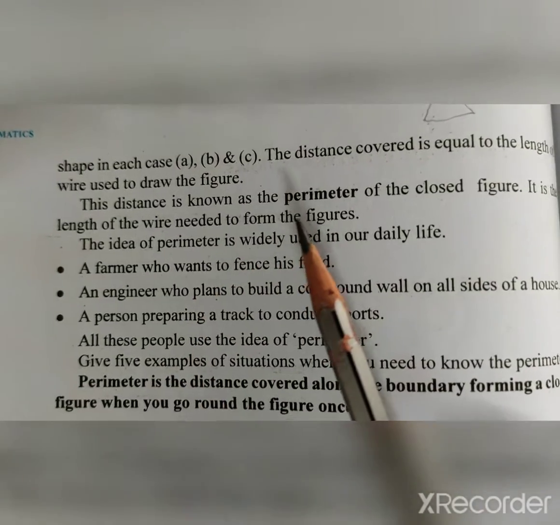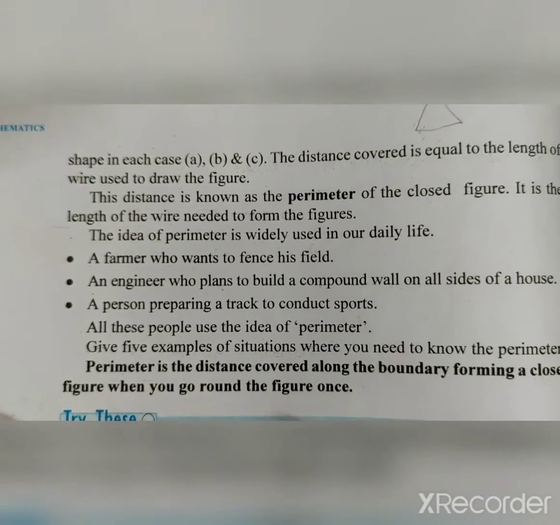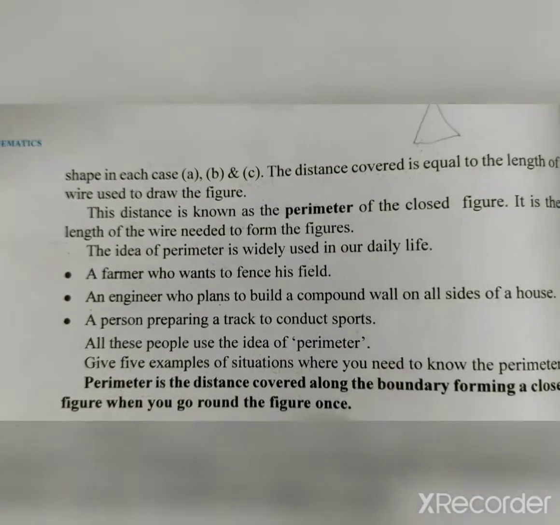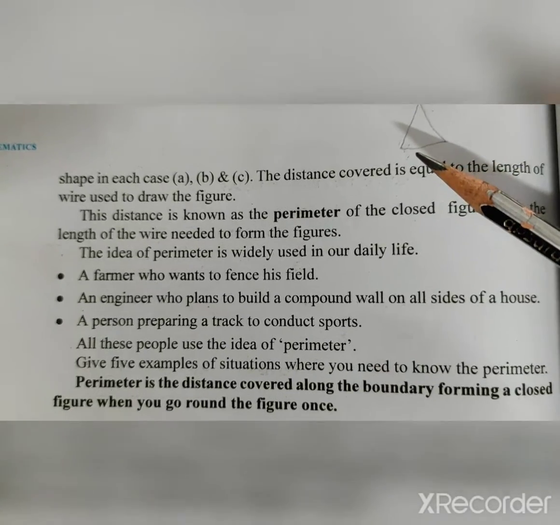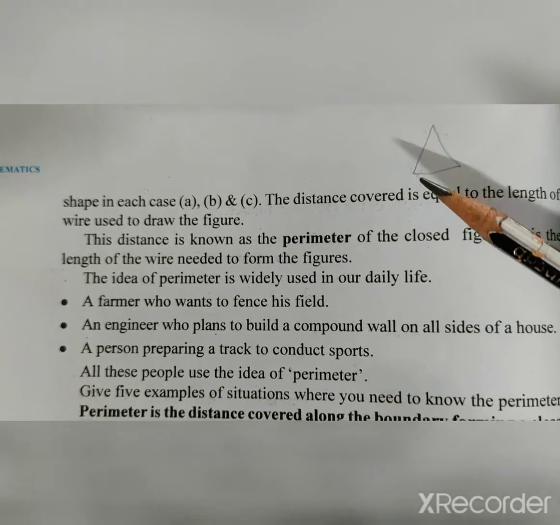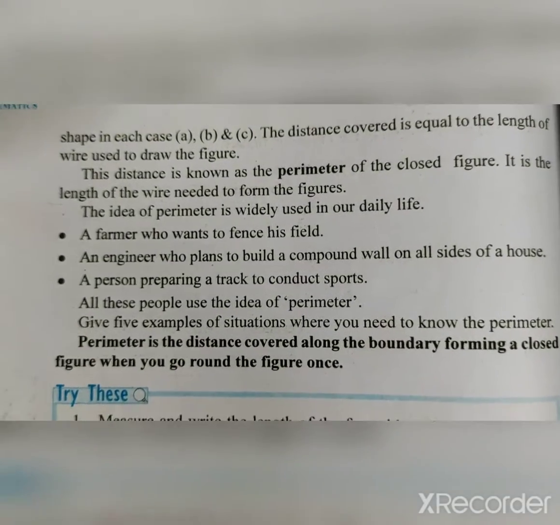This distance is known as the perimeter of the closed figure. It is the length of the wire needed to form the figure. So if we want to draw the figure, again we can draw with the help of thread, and if we want to measure, we will open the thread and we can measure easily.